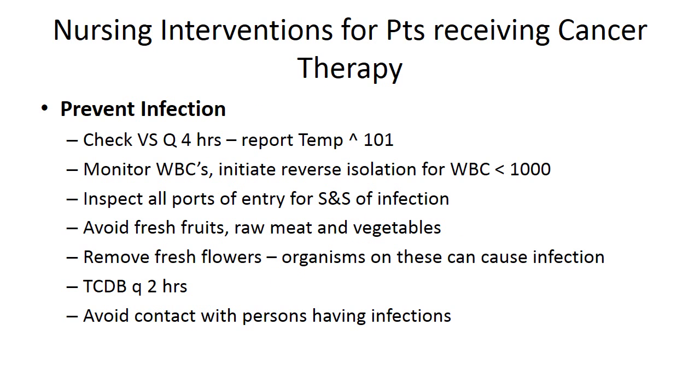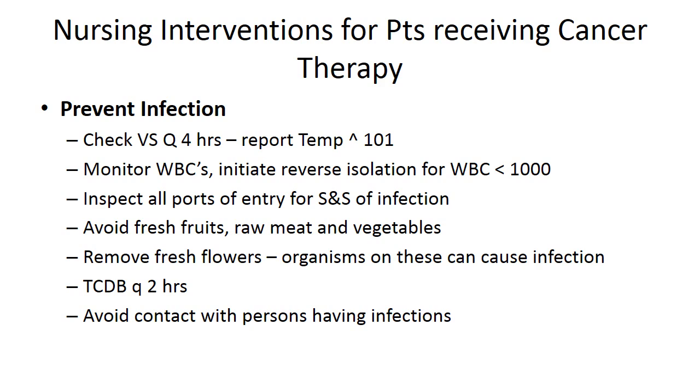So what are the nursing interventions for patients receiving cancer therapy? We have kind of covered these, but I want to go over them again because they are important and we need to know them. Preventing infection is the main thing. We want to check vital signs at least every 4 hours, and if they are running a temperature, we know that temperature indicates infection.